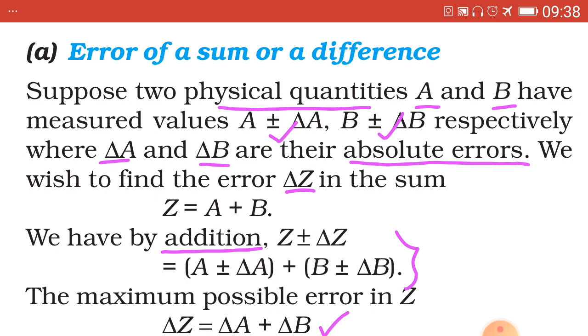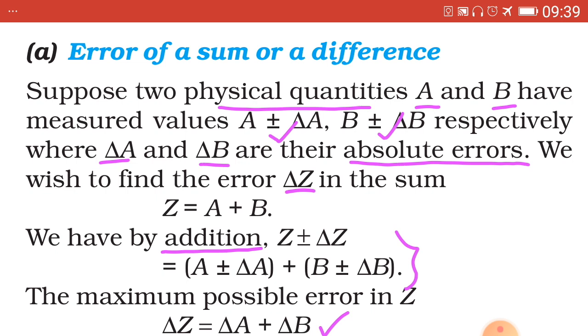Suppose there are two physical quantities A and B, and A plus minus delta A and B plus minus delta B are the errors, that is plus minus delta A and plus minus delta B introduced in the measured values of physical quantities A and B. Now here it's given delta A and delta B are their absolute errors. Now we want to find error delta Z in the sum.